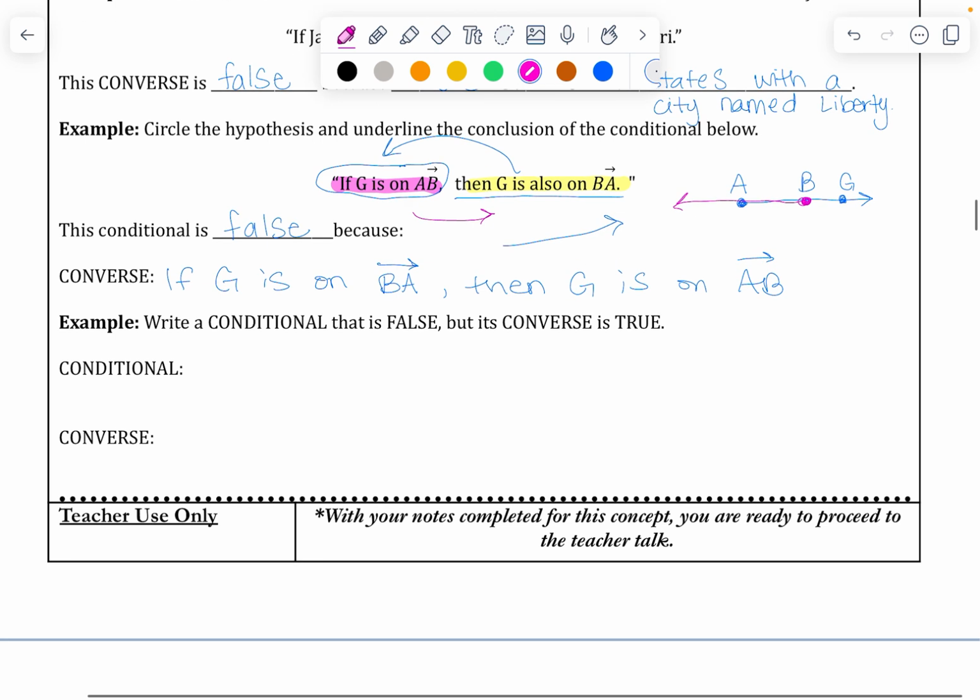All right, last example here. We are writing a conditional that is false, but we want its converse to be true. So we want the original conditional to be false, but then when we switch the hypothesis and the conclusion, we want to make it true. So let's think. I'm going to use quadrilateral and a rectangle.